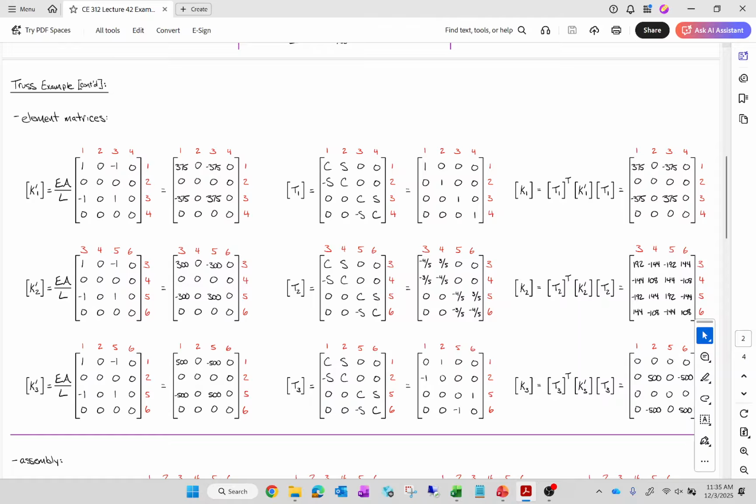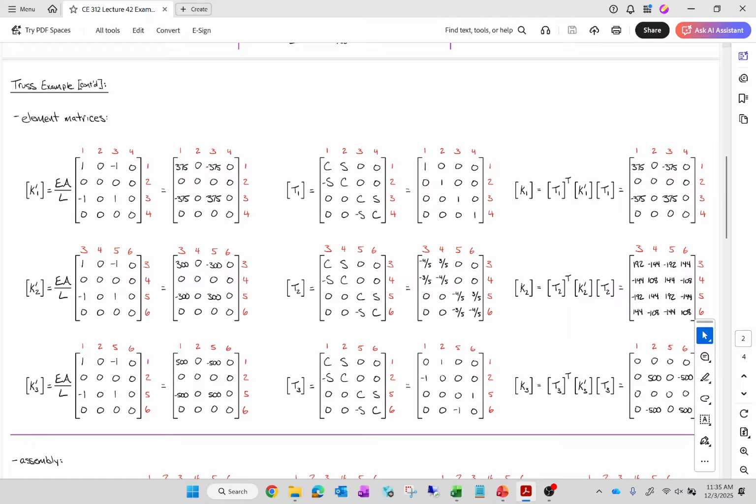Here's something else that's kind of interesting. Look at element number 1. Here's the local, here's the global. It didn't change at all. Why didn't it change? Well, this is element number 1, right? The whole point of this transformation is to rotate the elements such that the local orientation matches the global coordinate system.